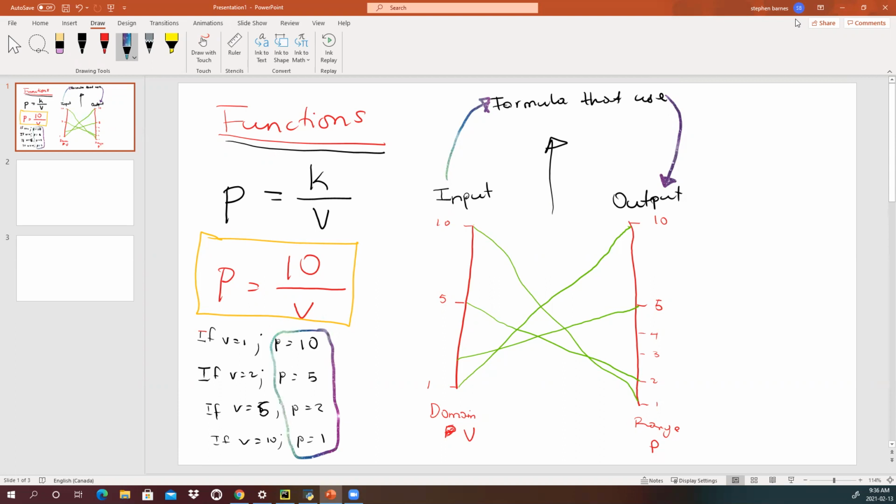Okay. So simple enough, this is what a function is. You have an input, you put that input into a particular function, and then you get an output, which is a number that comes out. The input, what I am loosely calling the input, is referred to as the domain, and the output is referred to as the range. Any questions so far?